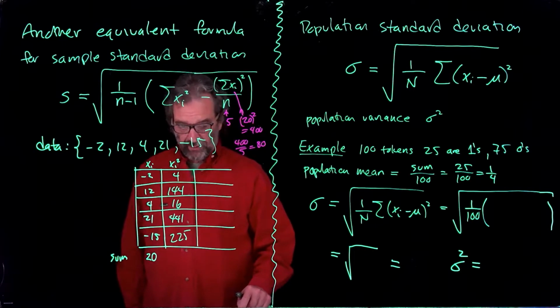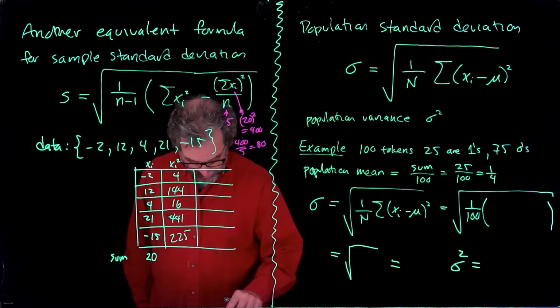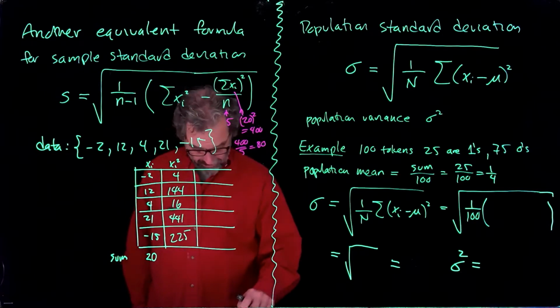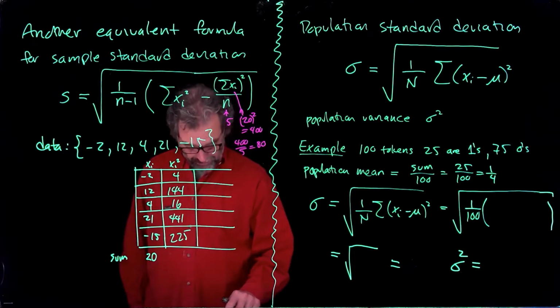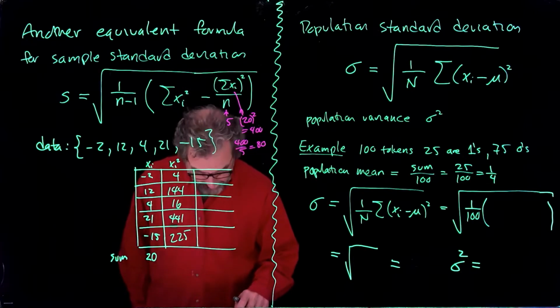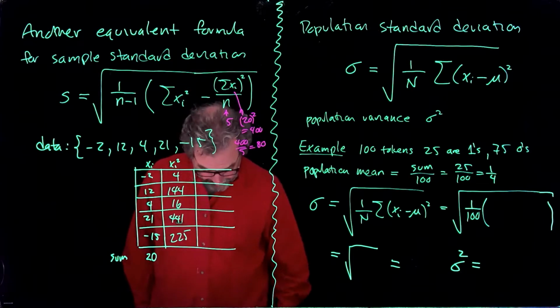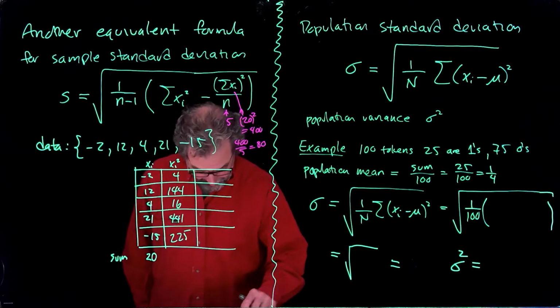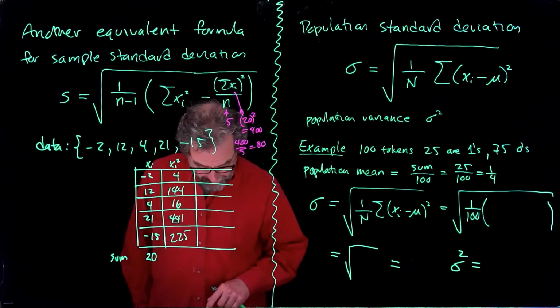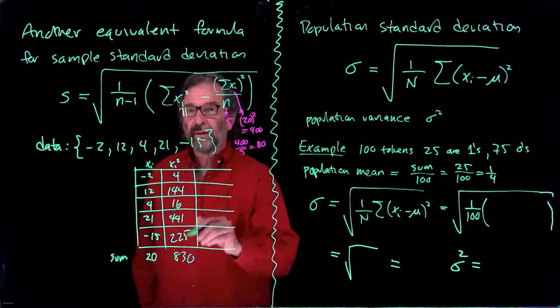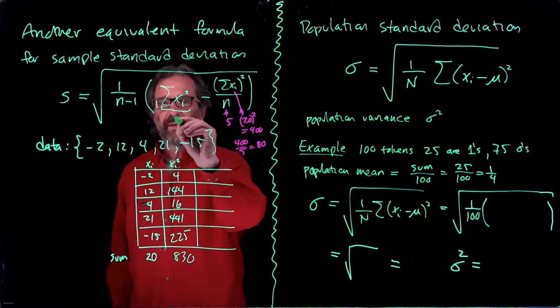Make sure that 21 squared is 441. I think everything should be fine. Okay, 4 plus 144 plus 16 plus 441 plus 225. Put a minus sign there. Okay, plus 225. Looks okay. We'll know in a minute. 830. So that's 830 sitting here.